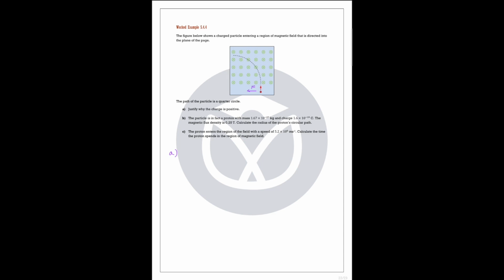Our index finger, which illustrates the magnetic field, is pointing into the page, which leaves our middle finger, our second finger, to point upwards. And because the middle finger represents the current, and current is the flow of charge, because of the positive charge, it's going upwards. Therefore, we can say that the charge is positive because current is going up the page.